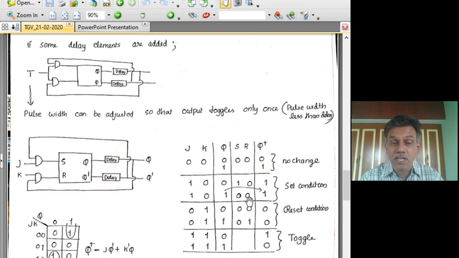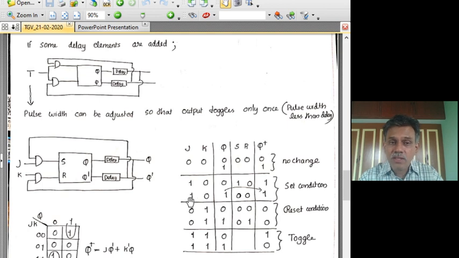As a result it is a no change condition. But no change means Q, which was originally 1, will retain its value as Q plus. That is, Q plus will also be 1. So if you carefully look at this Q plus, in both cases it's 1. So J equal to 1, K equal to 0, irrespective of the original value of Q, will make Q plus to be 1, which means essentially it is a set condition.